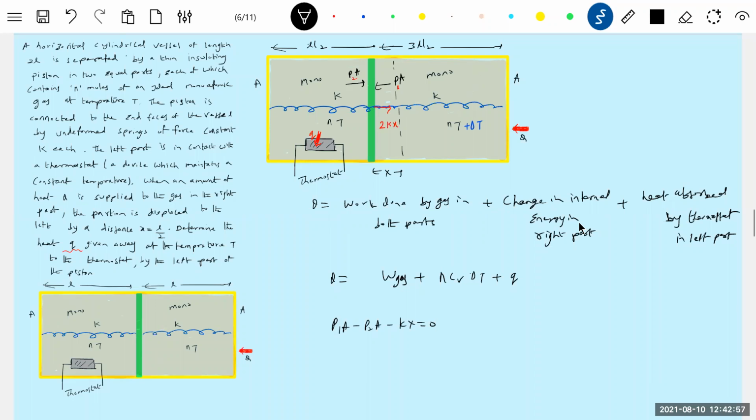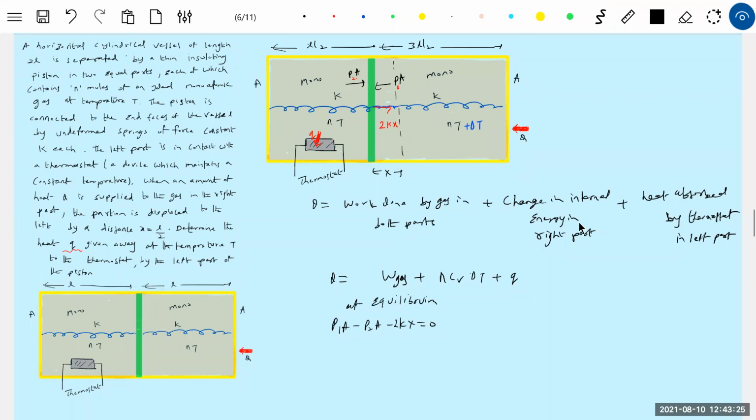How do we do this? It is a quasi-static process. As you supply heat gradually, the piston will be shifted gradually, not accelerating. From rest to rest, it will move, and finally it will come to this particular position, at equilibrium.